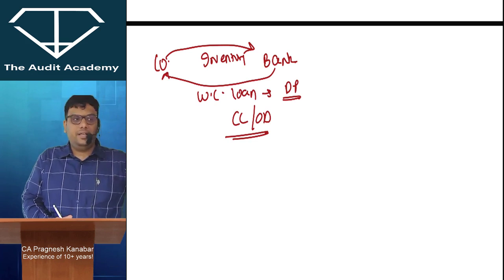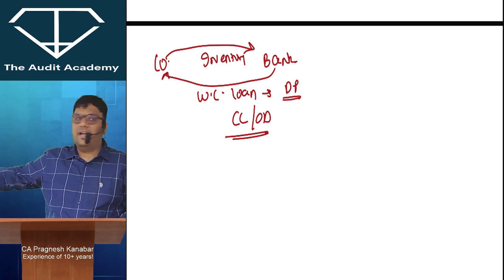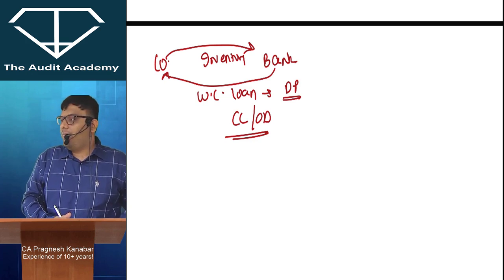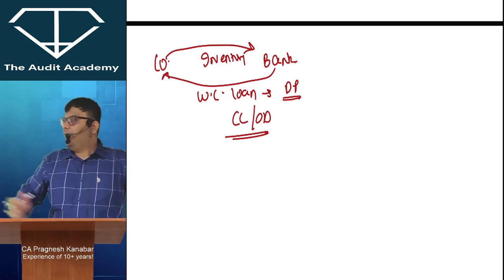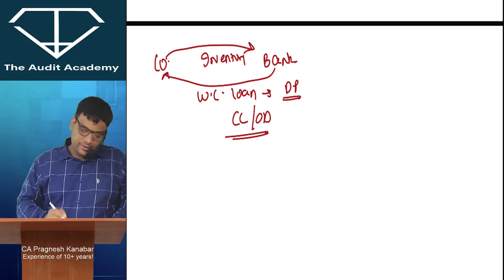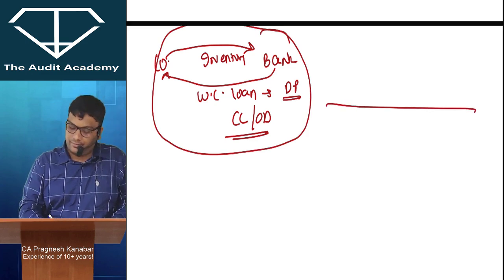The company will create a security on inventory. Hello banker, normally I have a stock of around 3-4 crores on a daily basis, so please give me some working capital loan. If I am not able to repay the loan, you can come to my storage location and take away my inventory. So when I am verifying this entire transaction, what am I trying to verify?